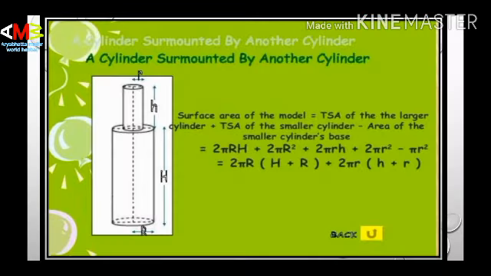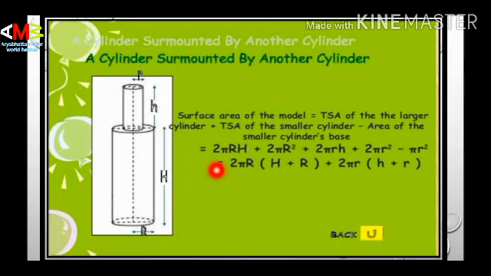Next, we move to a cylinder surmounted by another cylinder. 2 cylinders are there, one small cylinder, another one big cylinder. The surface area of this model is TSA of larger cylinder plus TSA of smaller cylinder minus area of the smaller cylinder base. We have to remove this base, because it is common to both the bigger cylinder and the smaller cylinder.